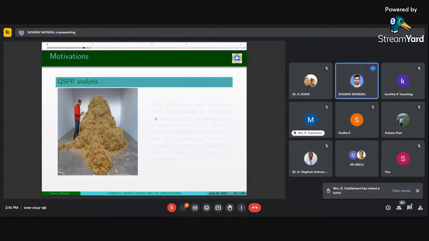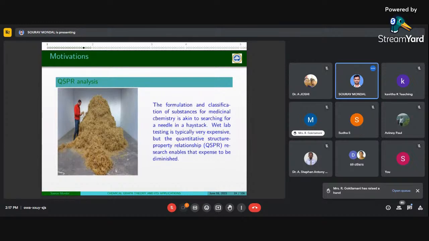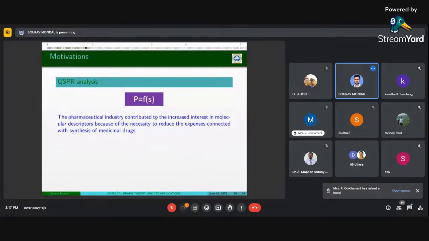So basically, it's important to develop QSPR models, and the development of predictive QSPR models plays a crucial role in the design of purpose-specific fine chemicals, including pharmaceuticals. The QSPR analysis actually links a set of independent variables to a certain property or activity of a molecule.